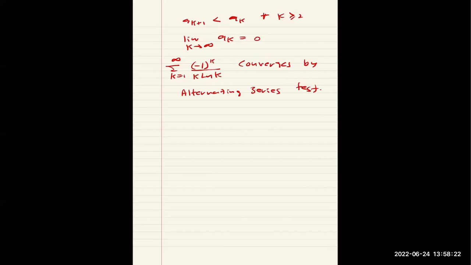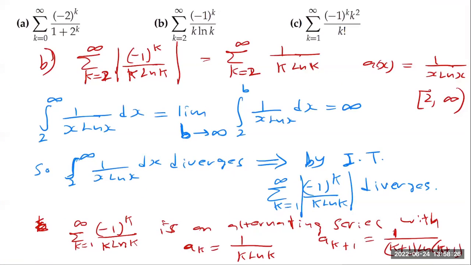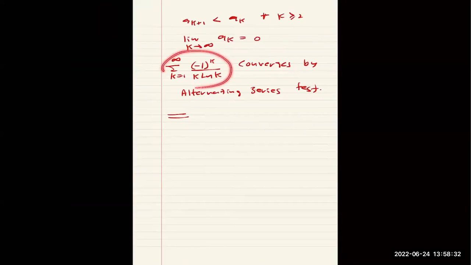Okay, what does that tell you? A few minutes ago, we showed that the absolute value series diverges. And now we showed that the original series converges. That means this is a conditionally convergent series.